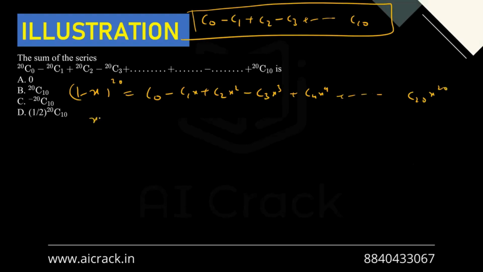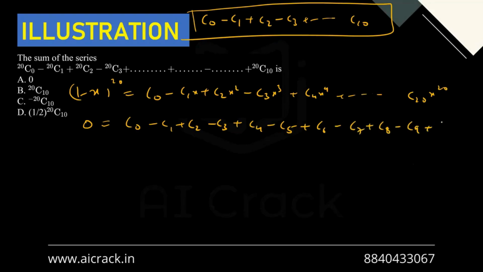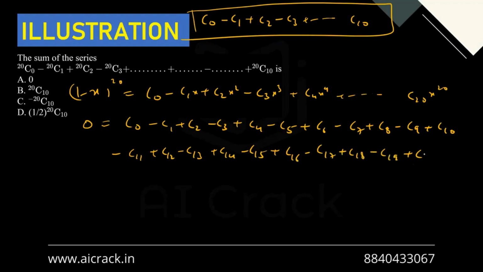Now if you put x equals to 1 over here, we'll get 0 equals C0 minus C1 plus C2 minus C3 plus C4 minus C5 plus C6 minus C7 plus C8 minus C9 plus C10 minus C11 plus C12 minus C13 plus C14 minus C15 plus C16 minus C17 plus C18 minus C19 plus C20.